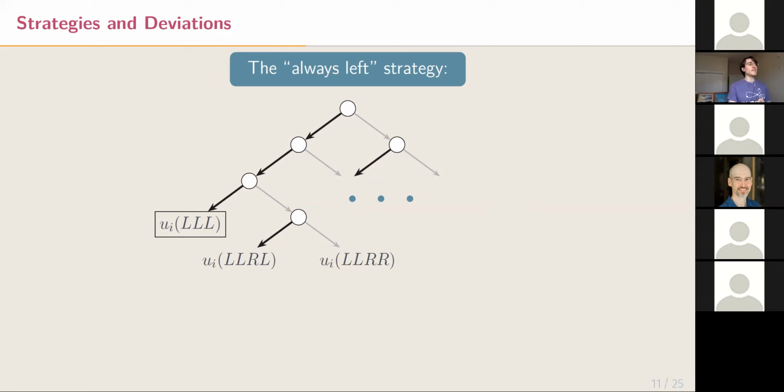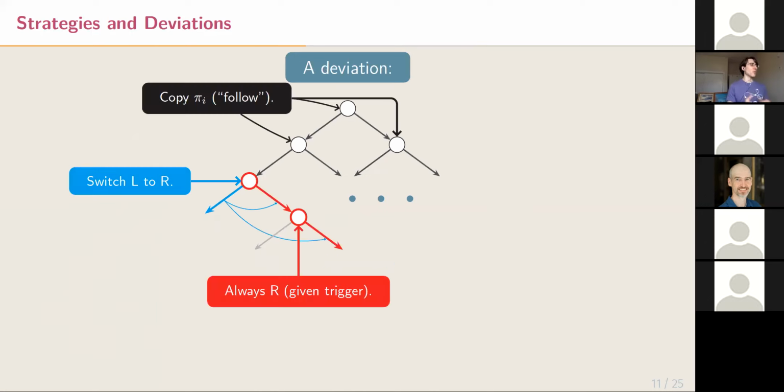Now I want to show you what a deviation looks like in this kind of game. And remember that deviations are functions that map strategies to other strategies, which I'll show more. But here's one example deviation that you could imagine. Maybe for the first 3 information sets here, the deviation isn't going to modify the strategy at all. It's just going to copy it from the input to the output. But then at this 3rd information set on the left, if the strategy is playing left, it's going to switch that to playing right.